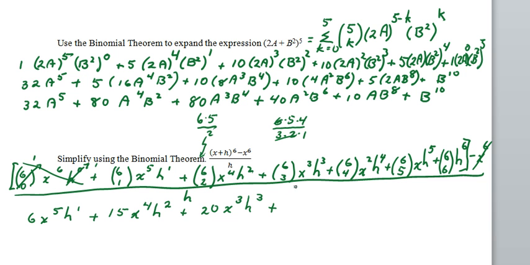6 over 4 is the same as 6 over 2, so we get 15 again, x squared h to the 4th. 6 over 5 is the same as 6 over 1, so we get 6x h to the fifth. 6 over 6 is 1 times h to the sixth.